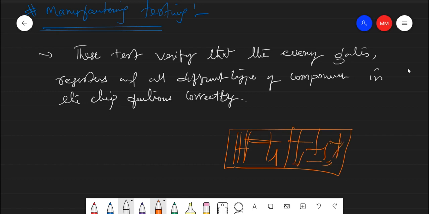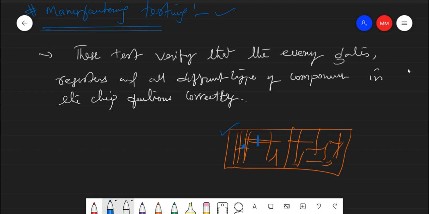Due to the etching process, the doping, or mismatch of interconnections, extra materials will be found, and this makes shorts or disconnections in the circuits. These types of faults are found in manufacturing tests.